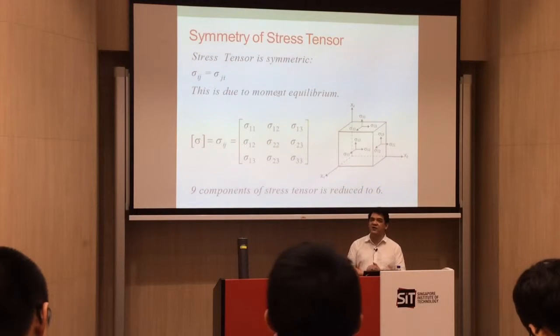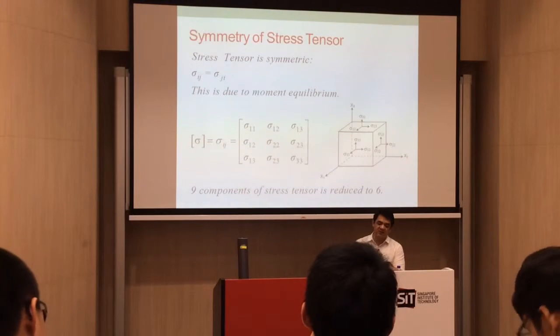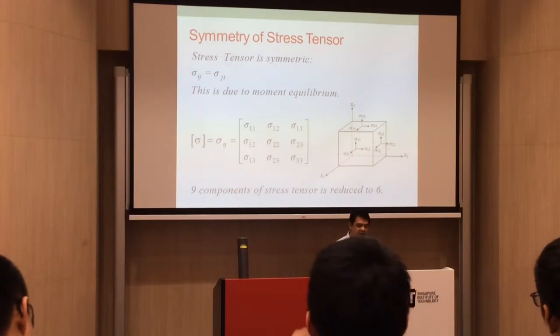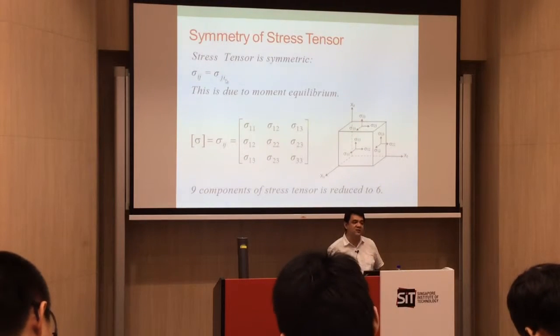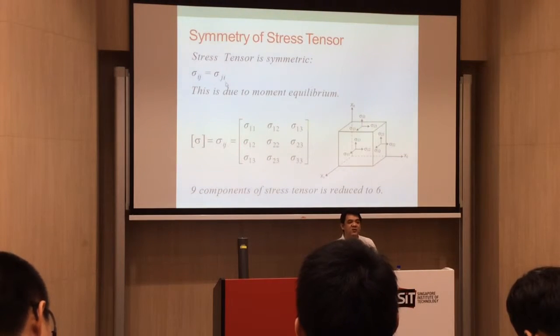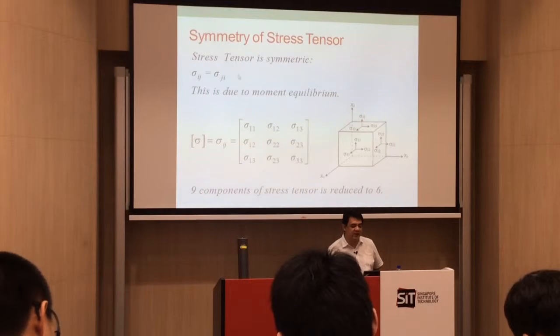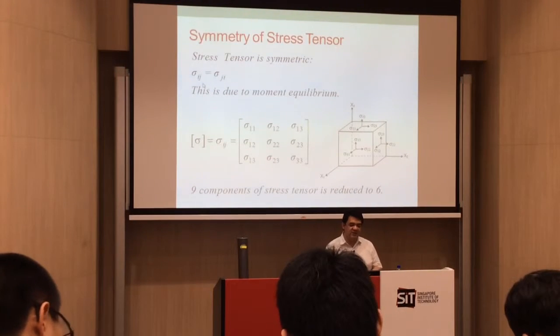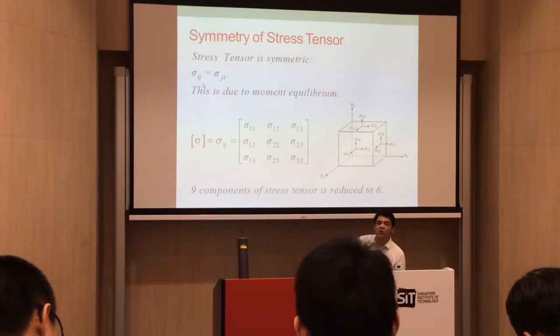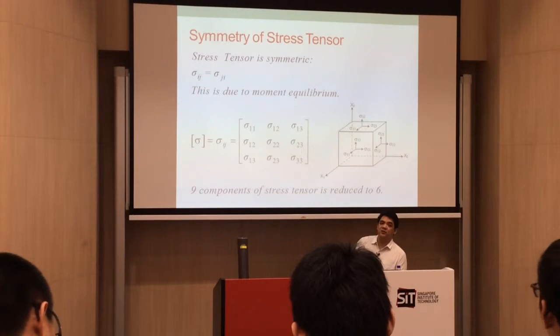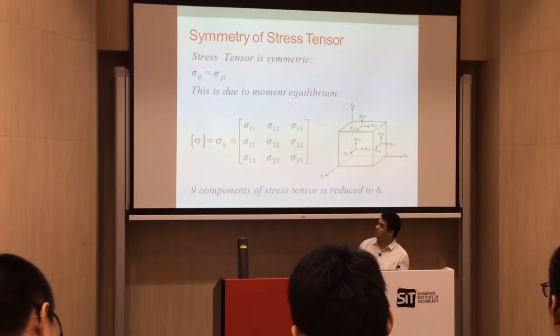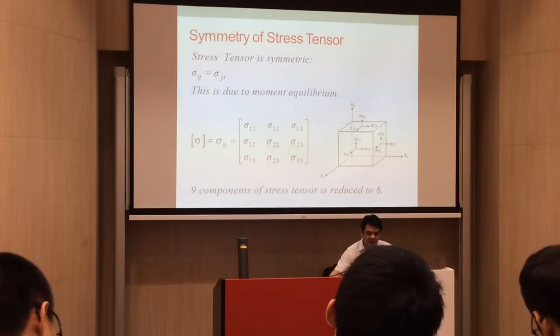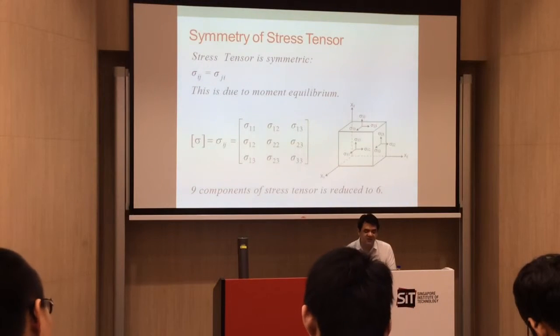Later on, we'll have a look at the symmetry of these stresses, wherein sigma ij is equal to sigma ji. Symmetry. That's why sometimes for this analysis, to be able to simplify things, we just use indicial notation. Because we probably don't want to keep on repeating writing this matrix.